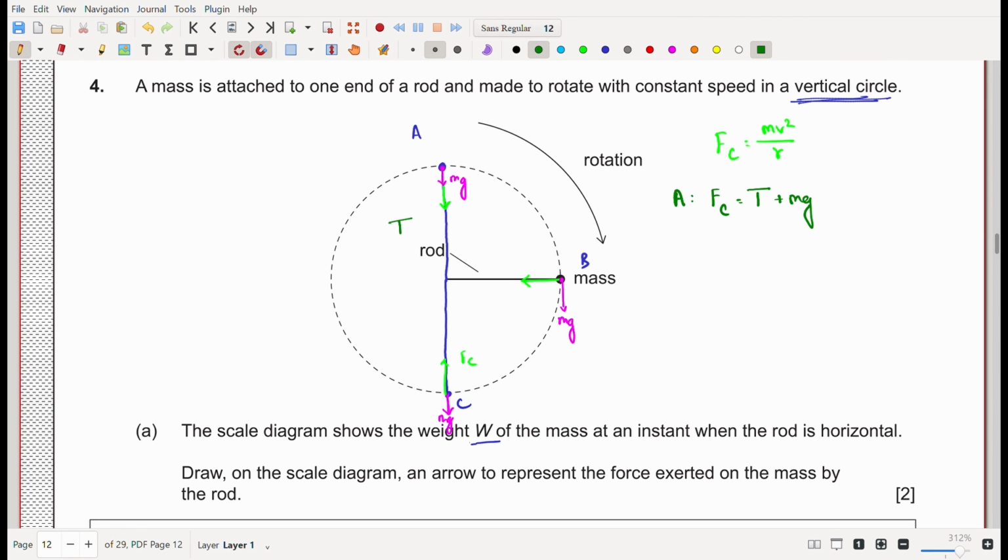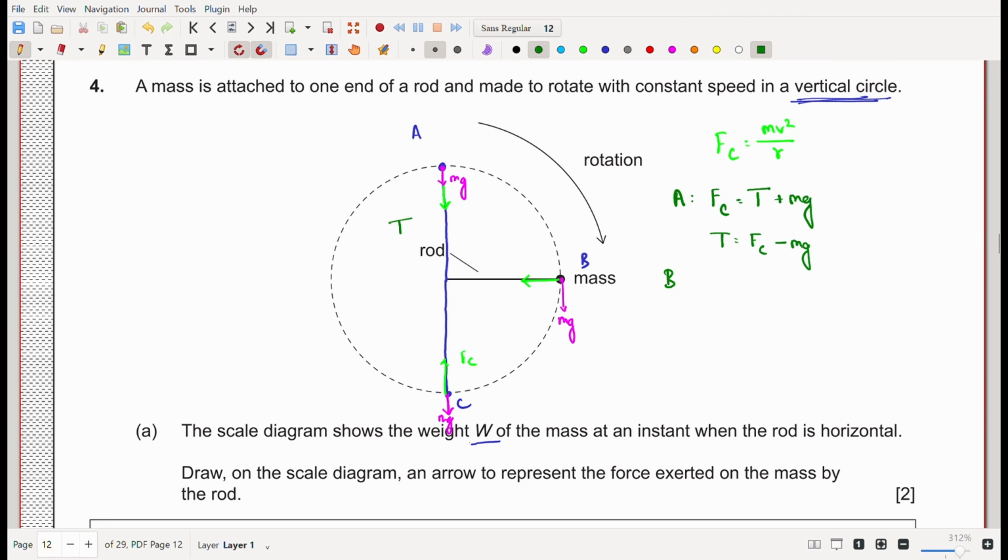Now you guys should remember that Fc is actually a pseudo force, which means that it doesn't actually exist like gravity or friction. Instead, it's provided by other forces. In this case, gravity. So keeping that in mind, we say that Fc is equal to T plus mg. So this means that the tension in the rod is equal to centripetal force minus the weight of the block.